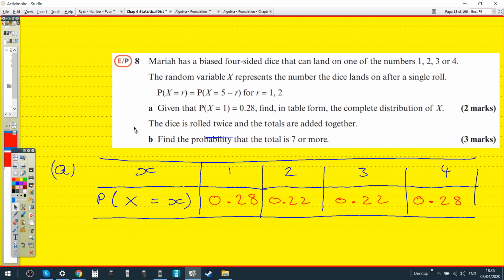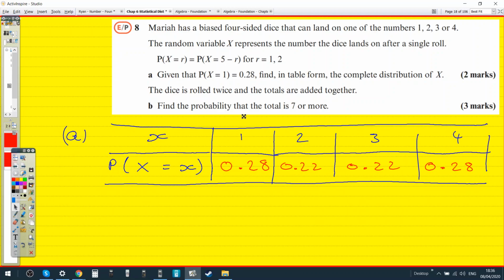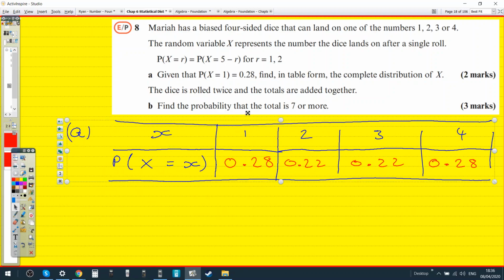Would you just have to try all the possibilities? So what are the possibilities? Like if it rolls on 1 both times, it'll be 0. Is that a successful outcome?